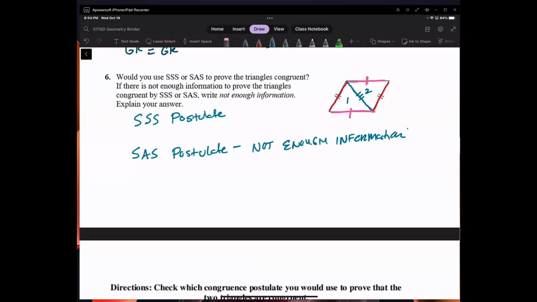And you might be saying, what do you mean not enough information? You needed at least the included angle here. So this would have to be this angle and this angle to use side angle side, or the other included angle. So we couldn't use side angle side. We can use side, side, side because we have three sets of corresponding sides.